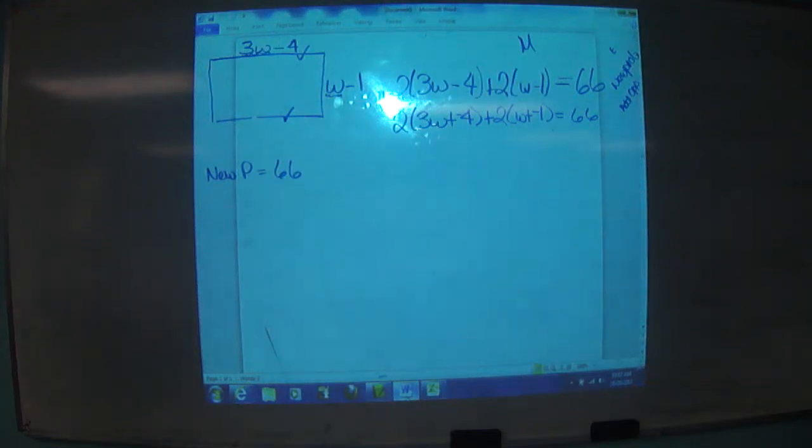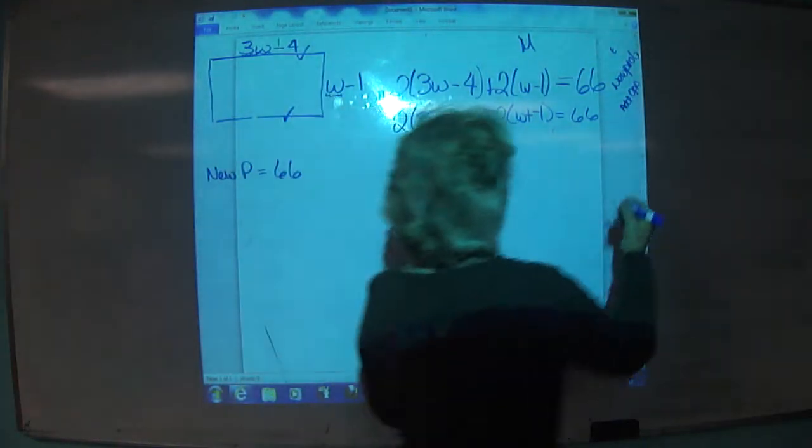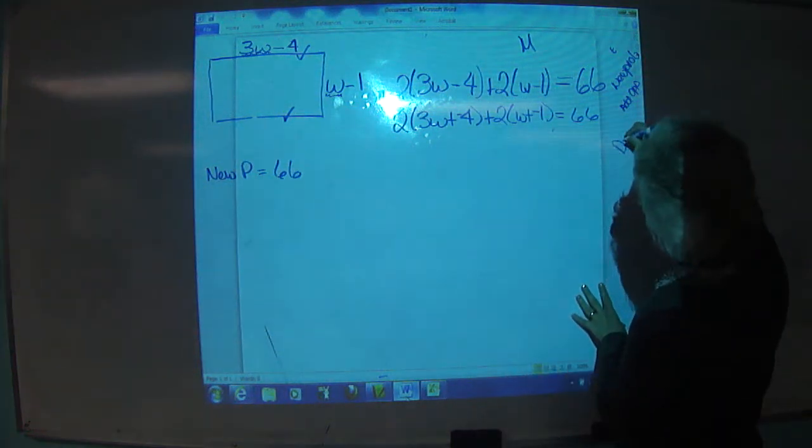Okay, what am I going to do next? Because those parentheses have numbers crowding their space. So what do I have to do? Distribute. My next English is distribute.